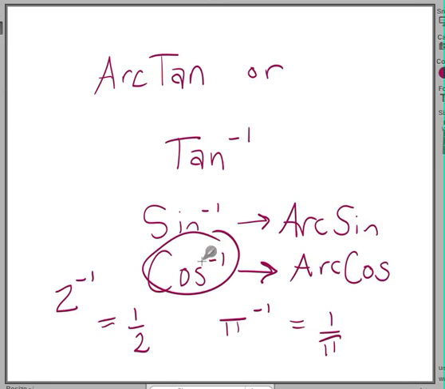So the danger of using this is some people think that the cosine inverse of, say, 7 is equal to 1 over the cosine of 7, which is not true. It's not equal to the cosine of 1 over 7. It's actually just a convenient notation that represents that this is an inverse function, not actual physically inversing or inverting the number. So don't do that.